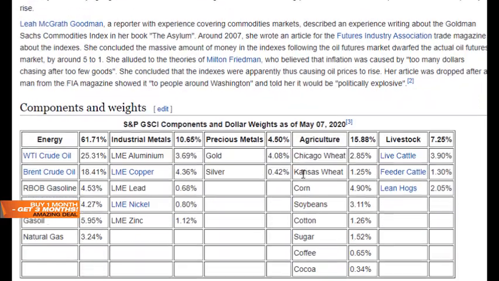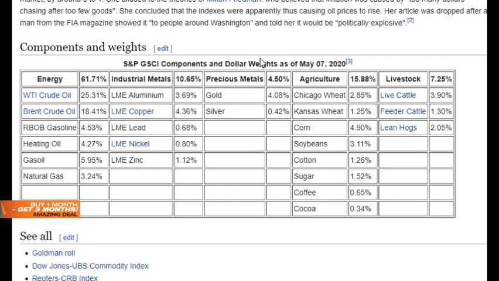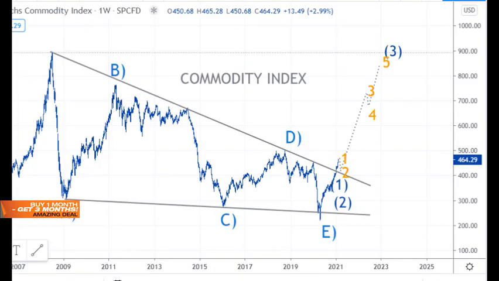The constituents in here only leave gold at 5% or 4%, and these are the weightings over here. But I just felt that it's important because we're talking about gold, and it's a commodity.